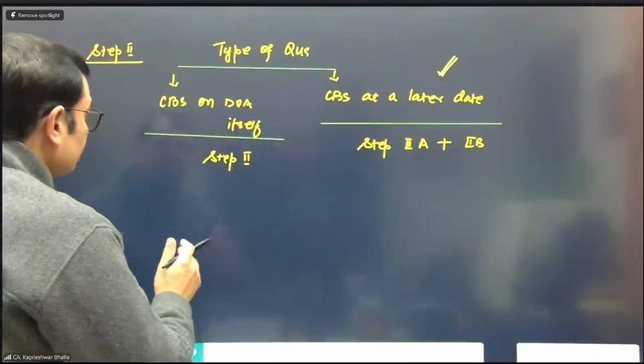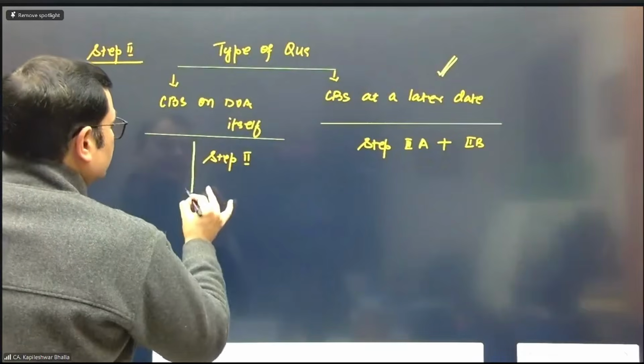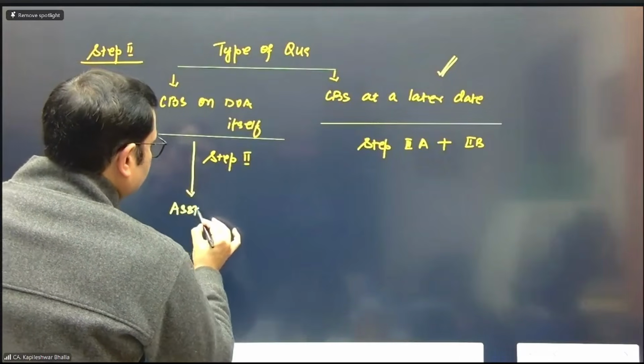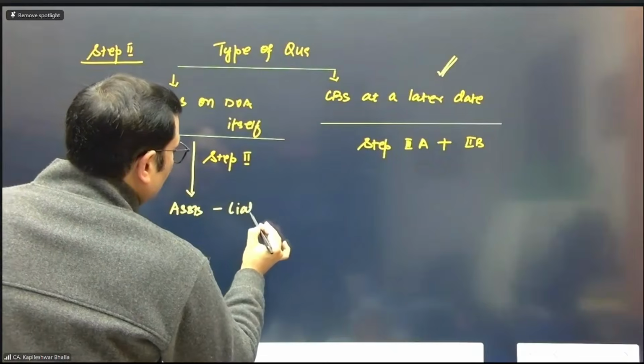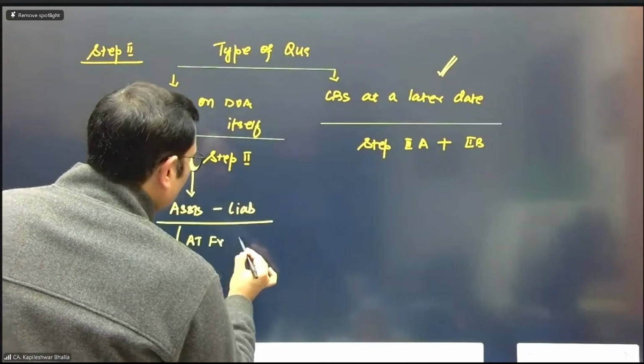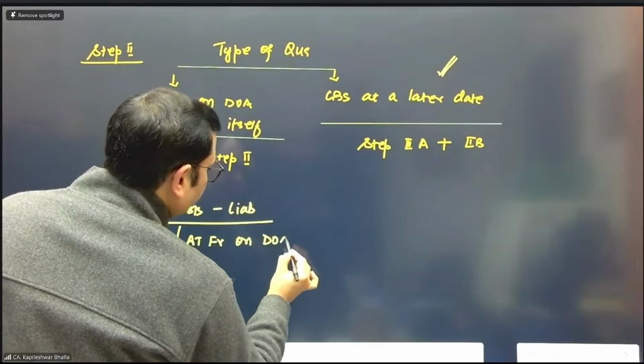Still, in this case, in step number 2, you will take the list of all the assets minus the list of all the liabilities, and we need them at fair value on the date of acquisition.